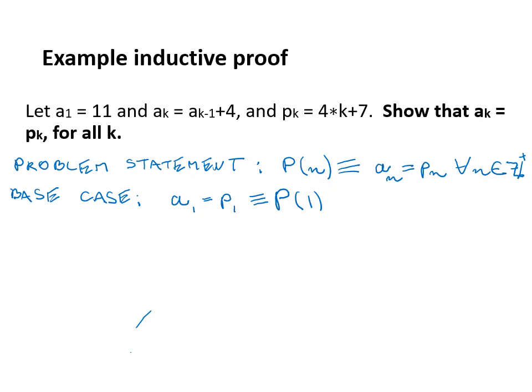Well, we simply compute what A of 1 is. A of 1 is equal to 11. So that's our recursive formula. And P of 1 is equal to 4 times 1 plus 7, which is also 11. Meaning that A of 1 is equal to P of 1. And we show that our base case holds.